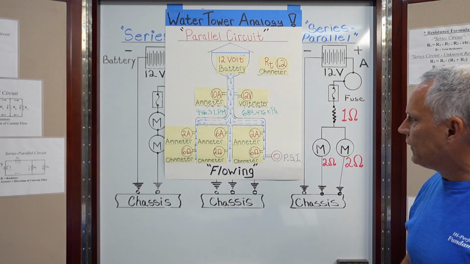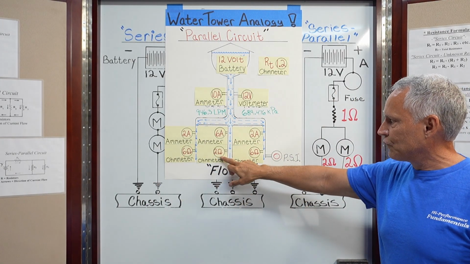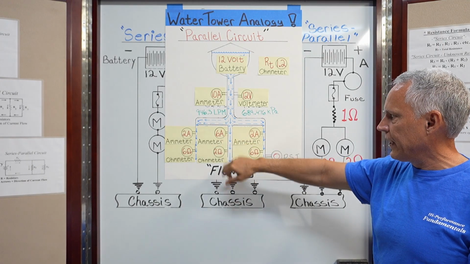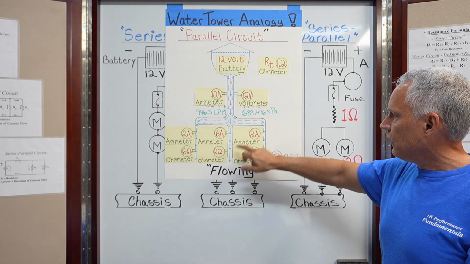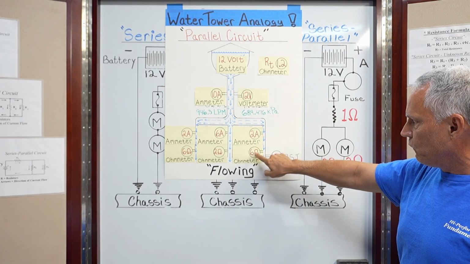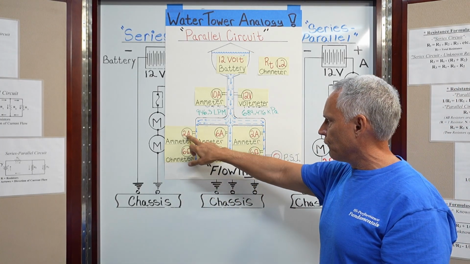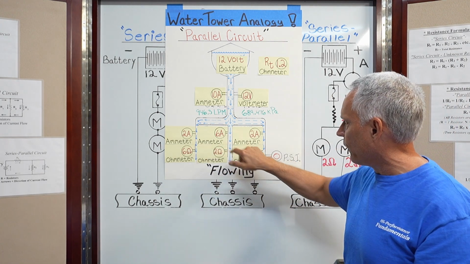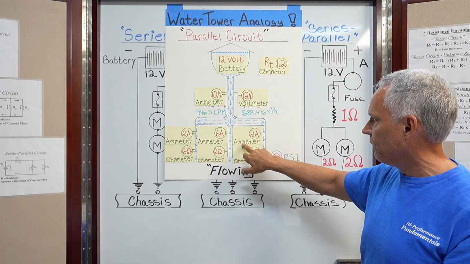Okay, so as you can see, the larger leg has less resistance, flows more, right? The current flow through this leg is 6 amps with a 2 ohm resistance. The current flow through this leg will be 2 amps with a 6 ohm resistance, and the current flow through this leg is 2 amps with a 6 ohm resistance, because these two are equal. These are a third of this one. This one is 3 times the flow of these.